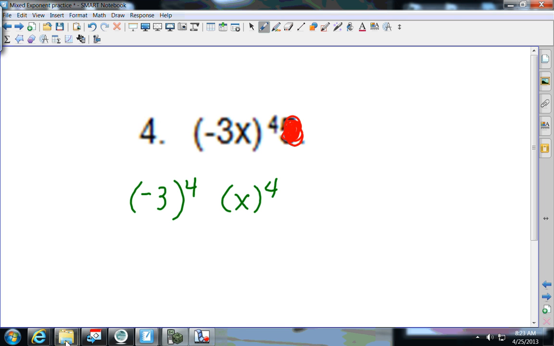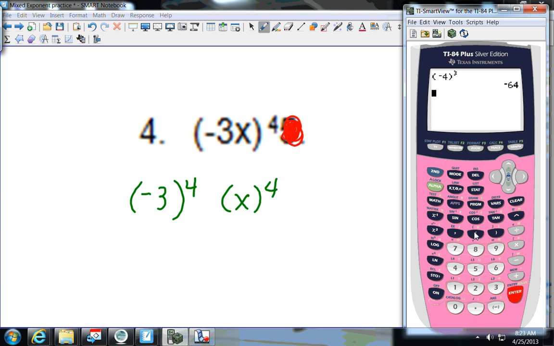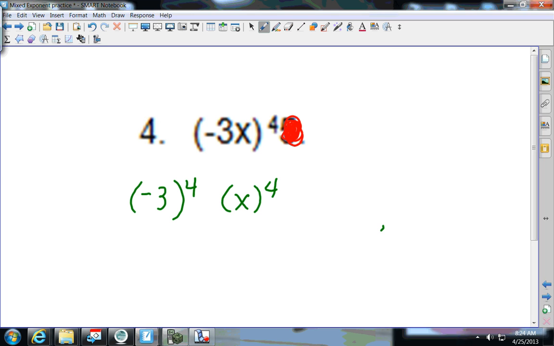So negative 3 to the fourth power, if you go to your calculator, you're going to put in there parentheses, negative 3 caret 4. You're going to do that whenever it's in a negative, just so that the calculator does it right for you. That's going to be 81. So my answer is going to become 81 x to the fourth power.